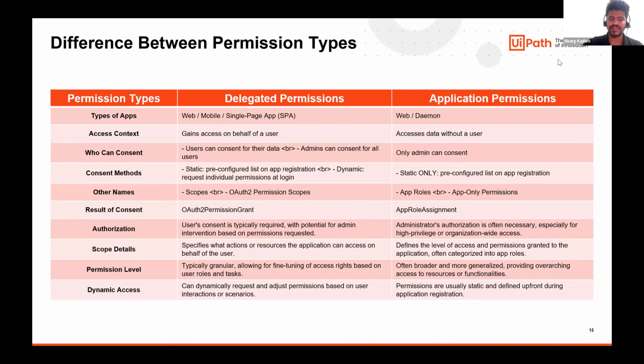And for dynamic access, you can dynamically request or adjust permissions based on user interaction and scenario, while application permissions are usually static, defined upfront during the application registration. Whatever access you give is based on that. So I hope by now you have a clear idea of what delegated permissions and application permissions are, and in which scenario we use which permission.